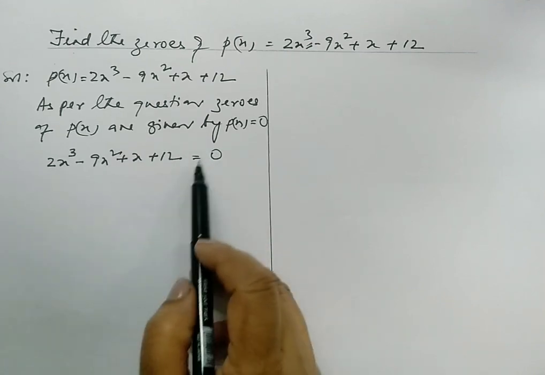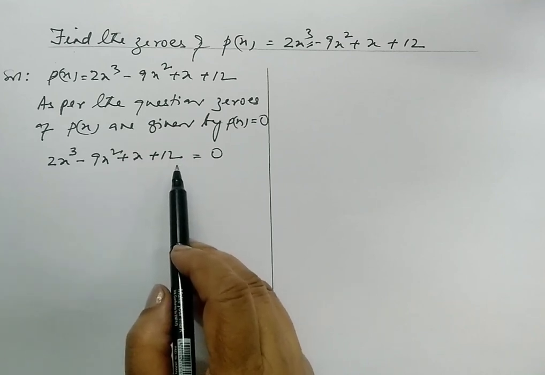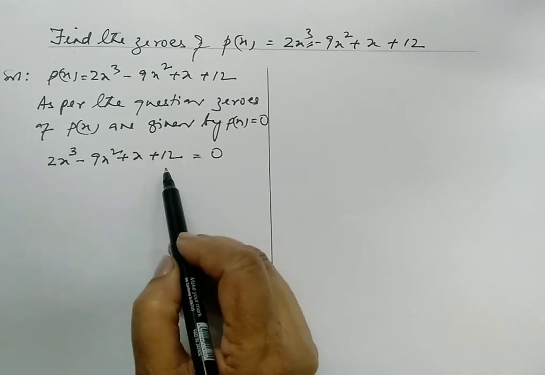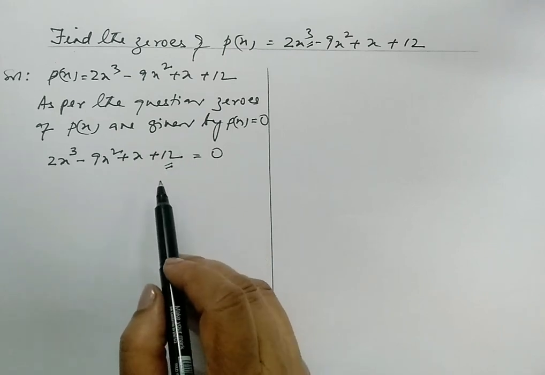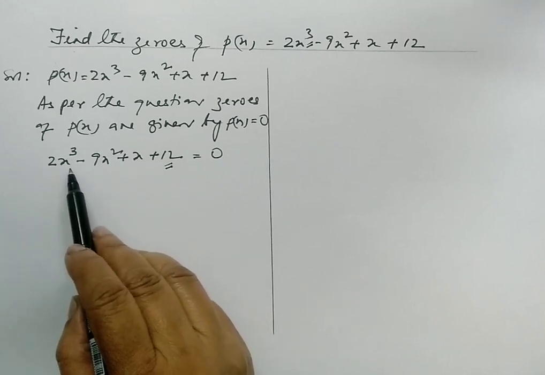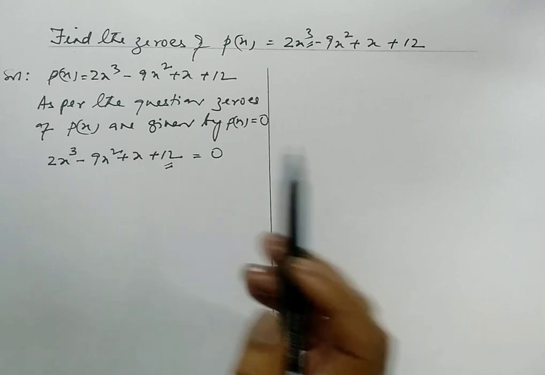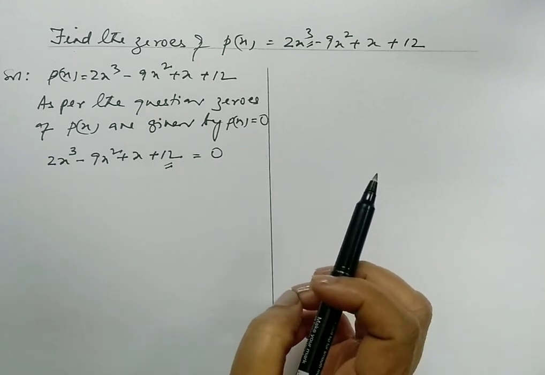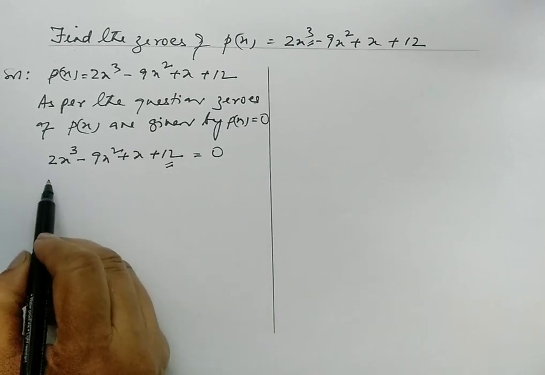Now we need to crack this, and by using the factor method we try and find out the factors of 12 so that we can substitute them for x and find out for which we get equal to 0. So what are the factors of 12?